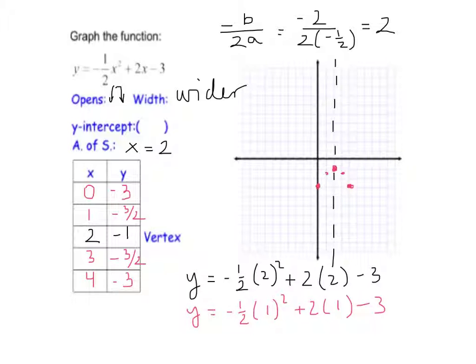So all I need to do is connect the points to form the parabola. The last thing I need to do is find my y-intercept, which is already in my table. My y-intercept is 0, negative 3.